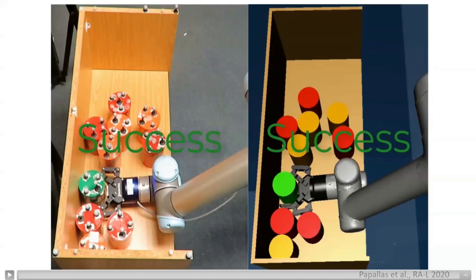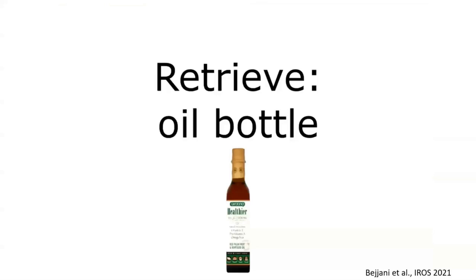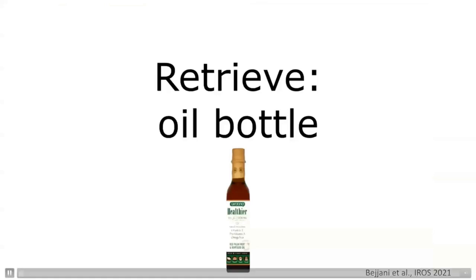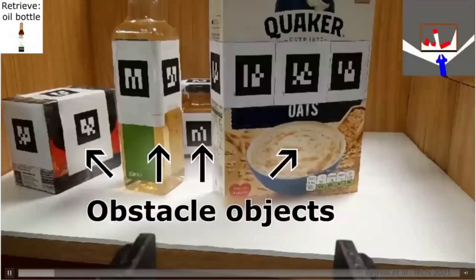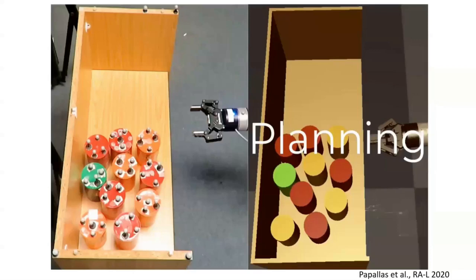But I will start my talk today actually not with planning and control. I will get to planning and control, but I will first start talking about perception, because in both of these videos that I showed, in this case, there were those AR tags that we have used to detect where all the objects were. And in this case, we were using motion capture markers to detect where the objects were.